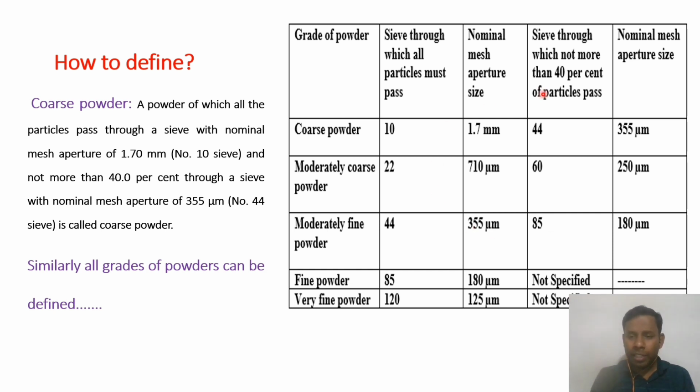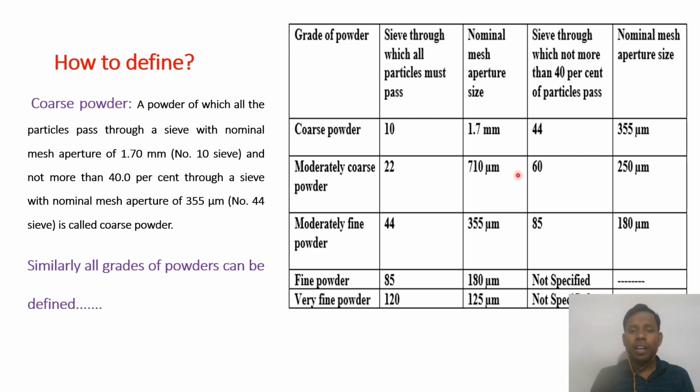If you remember this table, you can define all these powders very easily: through which sieve all the particles pass, what its nominal mesh aperture size is, and through which sieve not more than 40% of the particles pass, and what its nominal mesh aperture size is.